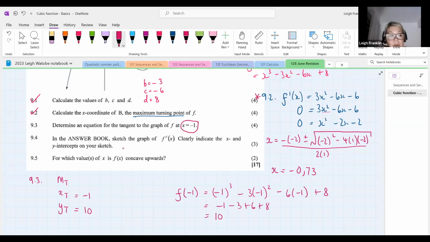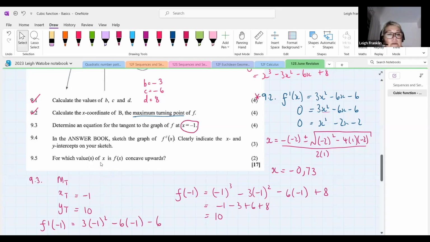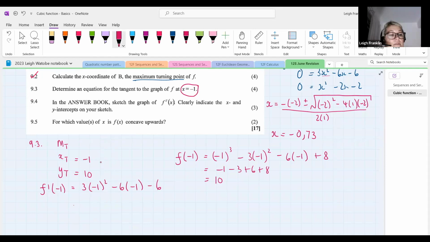In order to get the gradient at the point of tangency, we have to sub negative 1 into our first derivative. So f prime of negative 1 equals 3 times negative 1 squared minus 6 times negative 1 minus 6. This leaves us with 3 plus 6 minus 6, which leaves us with 3.